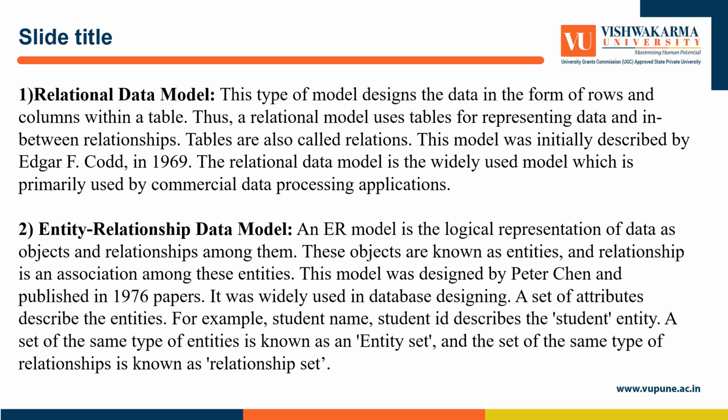A set of attributes describes the entities, for example, student name, student ID, student address, etc. A set of entities of the same type is known as an entity set, and a set of relationships of the same type is known as a relationship set.